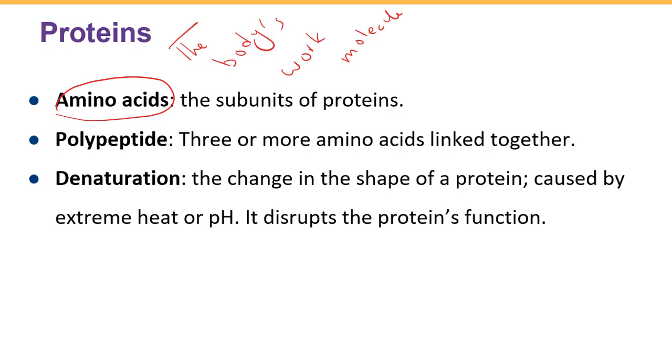Proteins can change their shape if they're exposed to extreme heat or changes of pH, a process called denaturation, and it stops the protein from working properly. For example, if in an experiment the pH of the environment or the temperature is not optimal for an enzyme, the enzyme, which is a protein, cannot work properly anymore.